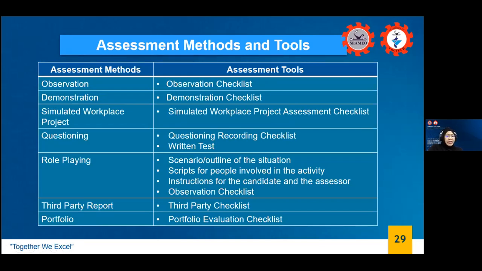you require a student. Okay, let's say the task is for your student to demonstrate a performance of a given task. Again, I will use the example of installation of air conditioning, right? Now, your method there is both observation and demonstration, right? Why? The student is going to demonstrate. When you say demonstrate, the student will show you how. The student will show you the process. The student will show you the right steps.